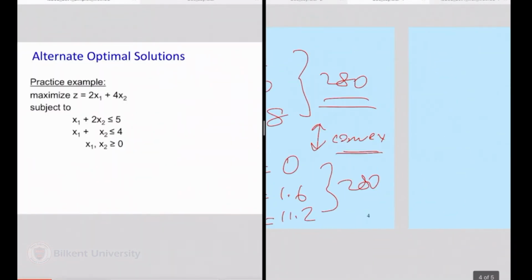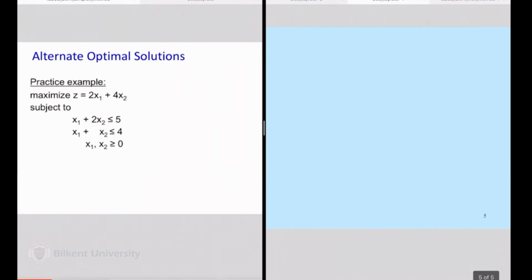So this is an example which you can look at and see directly. You can jot down the graphical solution and see that there would actually exist alternate optimum solutions. But let's see whether we can do this with Simplex. So if I draw the region, what will I get? I will have 5 and 5. So I will have one of the lines going through, that's one of the lines, and I have to stay below, right?